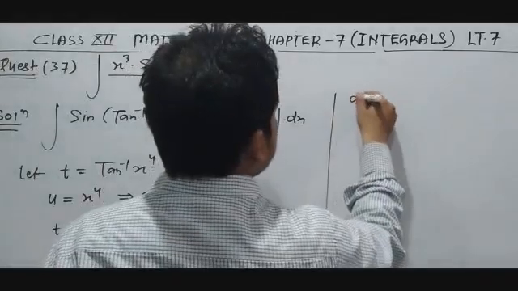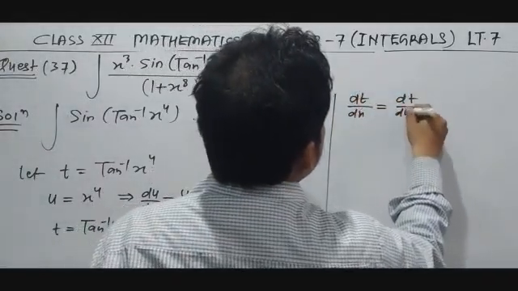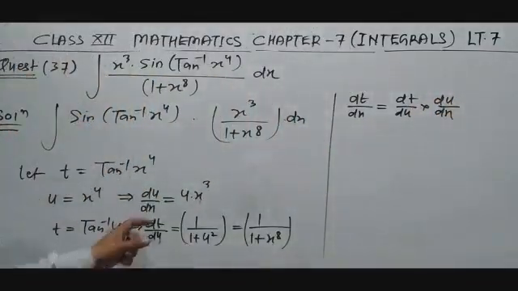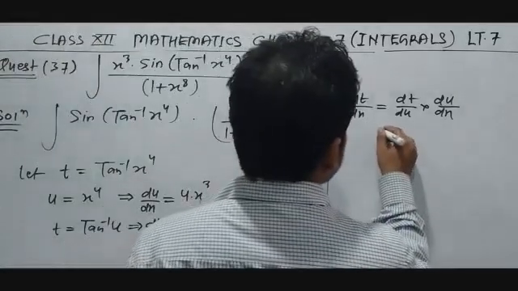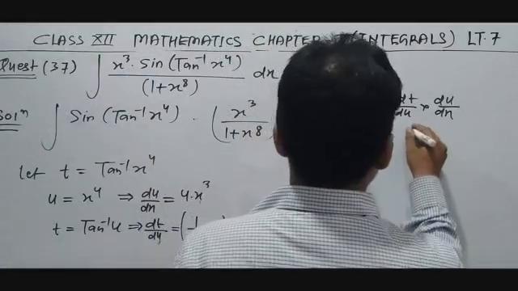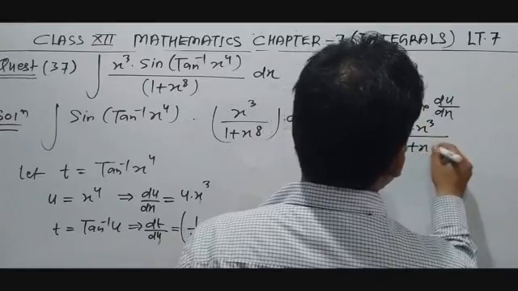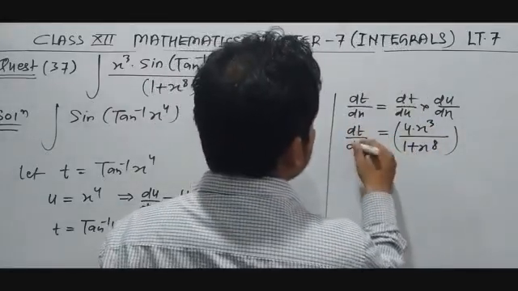Now see, dt by dx can be written as dt by du into du by dx. dt by du is 1 upon 1 plus x to the power 8, and du by dx is 4 times x cube. So result will be 4 times x cube whole upon 1 plus x to the power 8. This is the value of dt by dx.